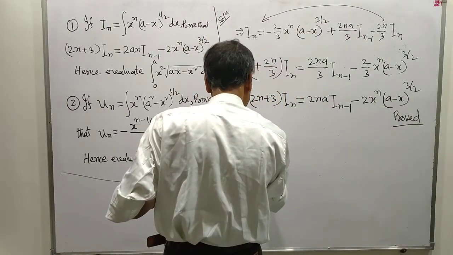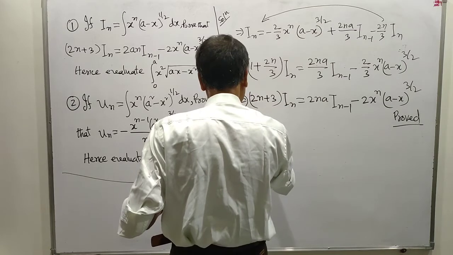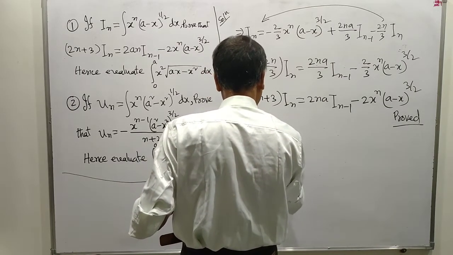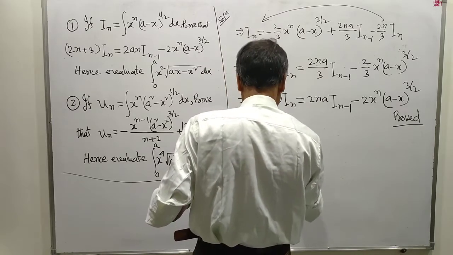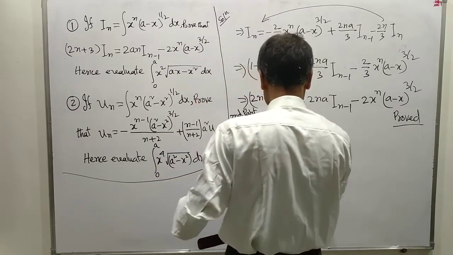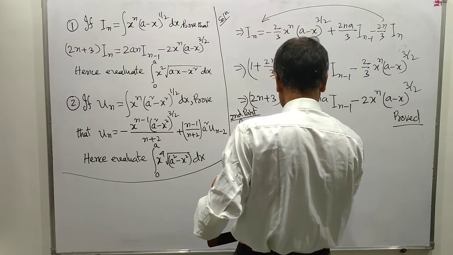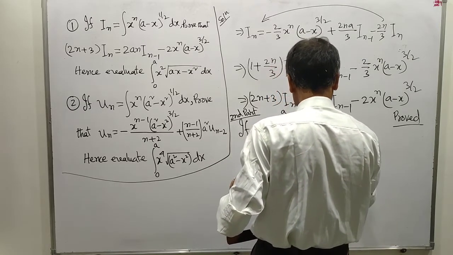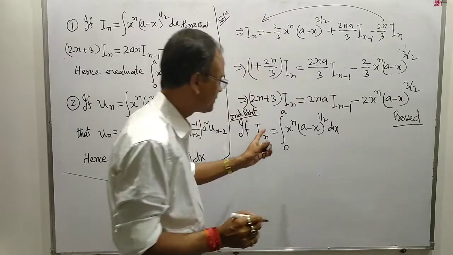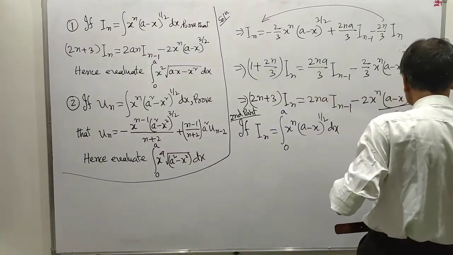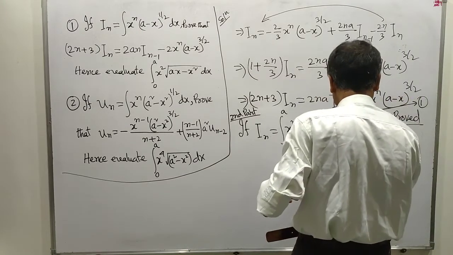The second part, we are going to answer the second part. If I_n equal to the integral from 0 to a of x to the power n (a minus x) whole to the power half dx, in the limit, we have taken the limit 0 to a. Then suppose it is number 1. Then from 1 we get.